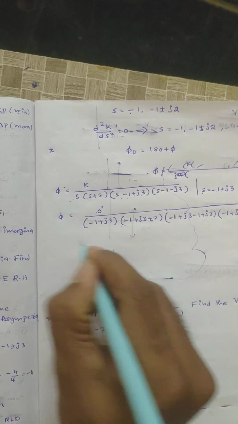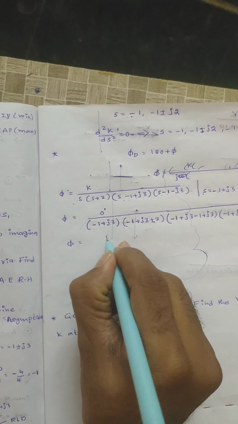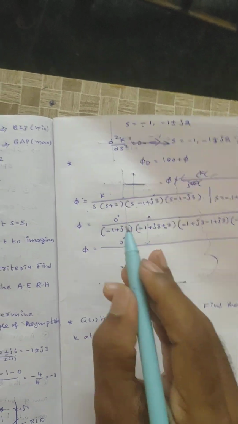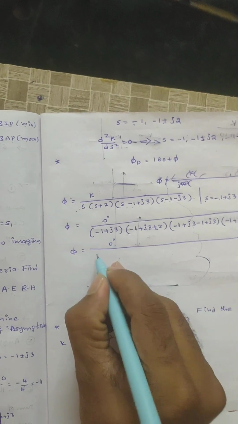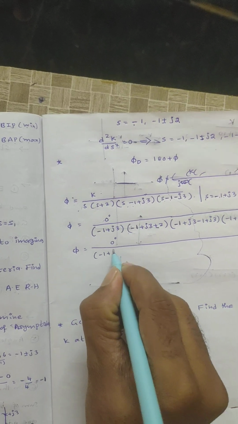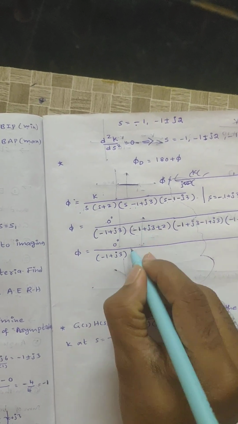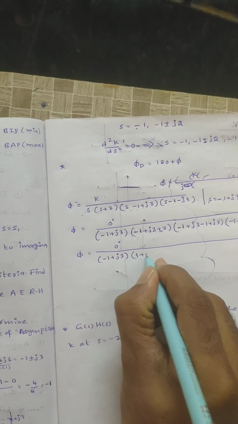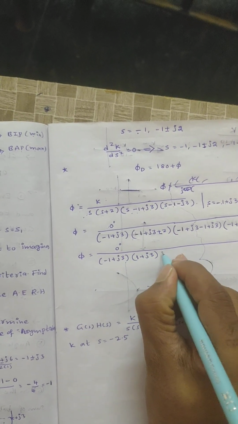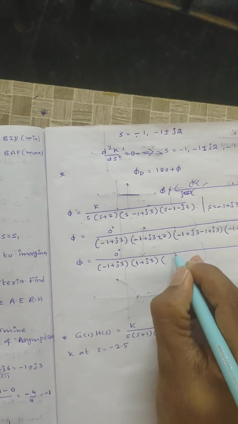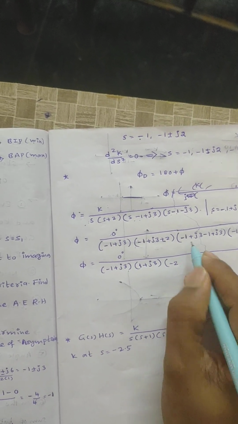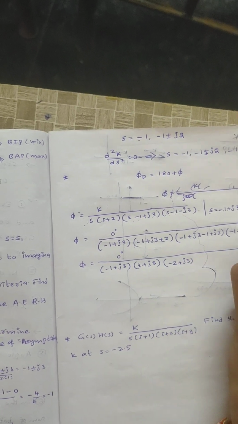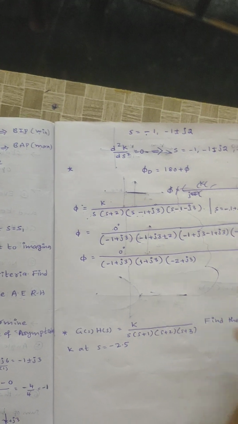Now see here, phi is equal to, in the numerator there is no s term, there is no imaginary part, then the angle will be 0 degrees. Here minus 1 plus j3. Next, minus 1 plus 2, that is 1 plus j3, minus 2 plus j3 minus j3, the j3 terms cancel.